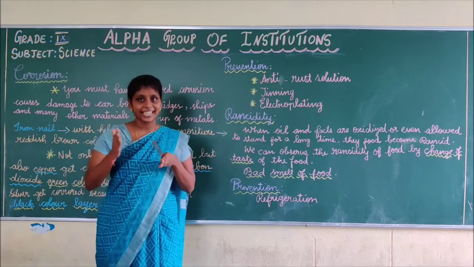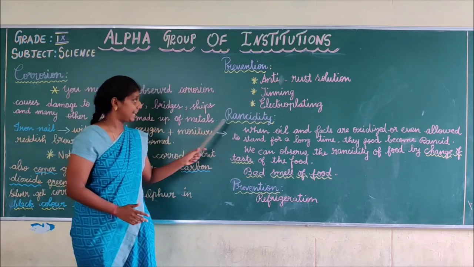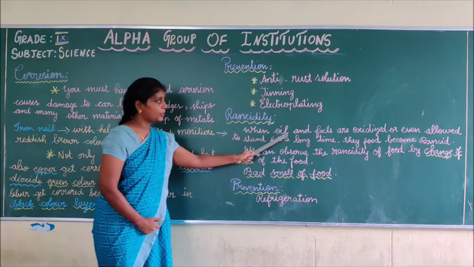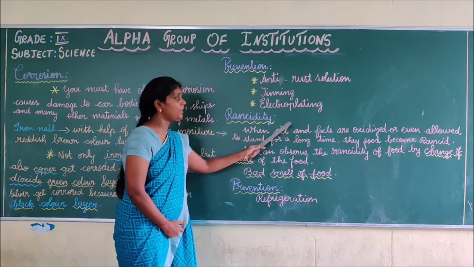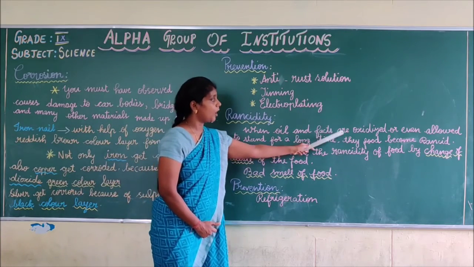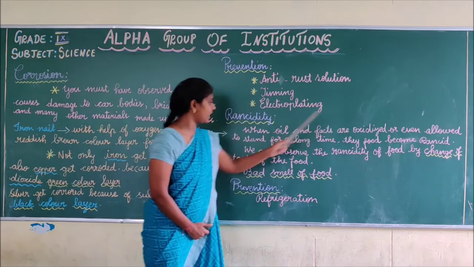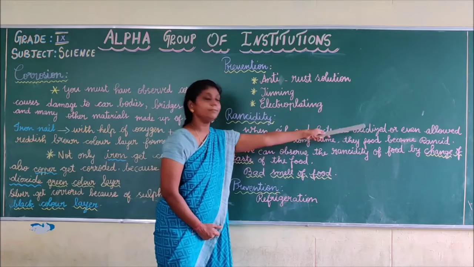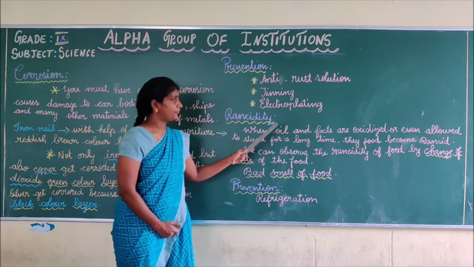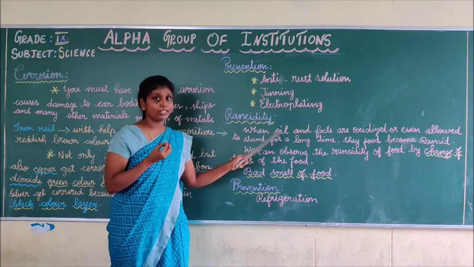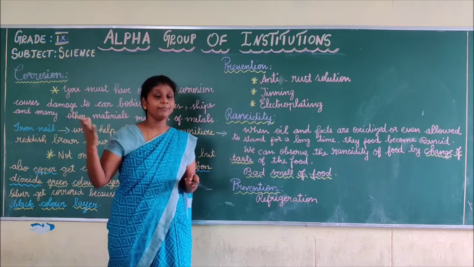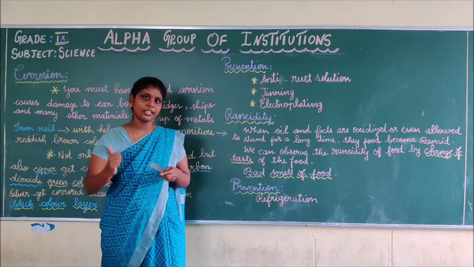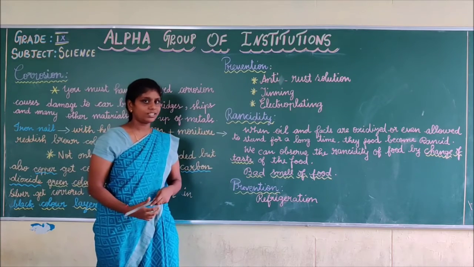The meaning of rancidity is spoiled. When oily food and fatty food are oxidized or allowed to stand for a longer time, the food becomes rancid. Eatable food kept for a longer time becomes rancid or spoiled. Do you understand what is rancid?